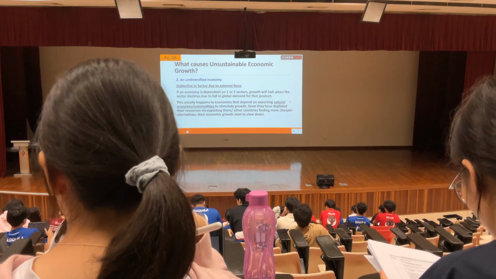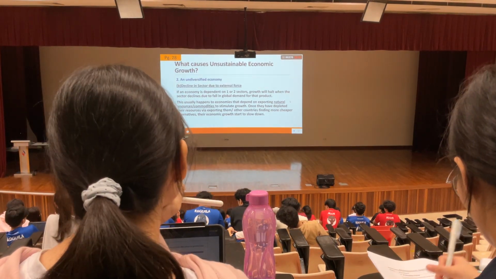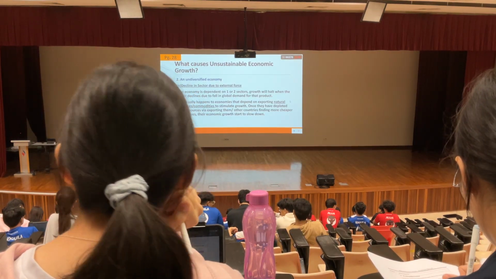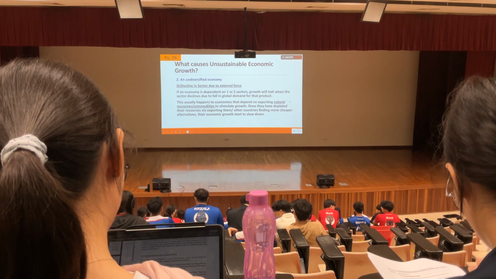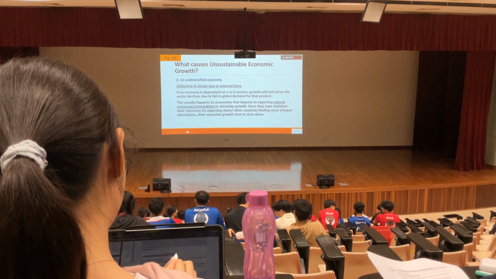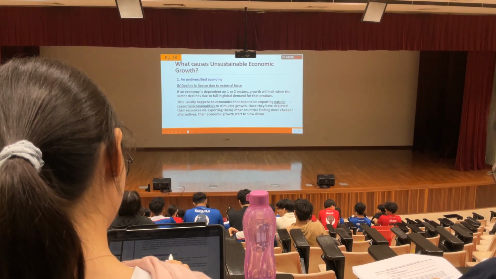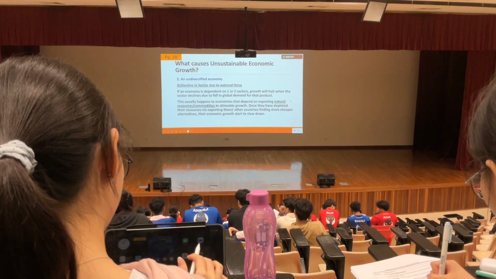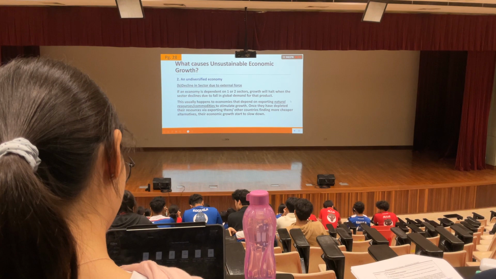For example, if the economy is depending on exporting natural resources or commodities to stimulate growth, then once they have depleted their resources via exporting them, or other countries find cheaper alternatives, their economic growth will start to slow down. Okay, so their economic growth is also unsustainable as well.